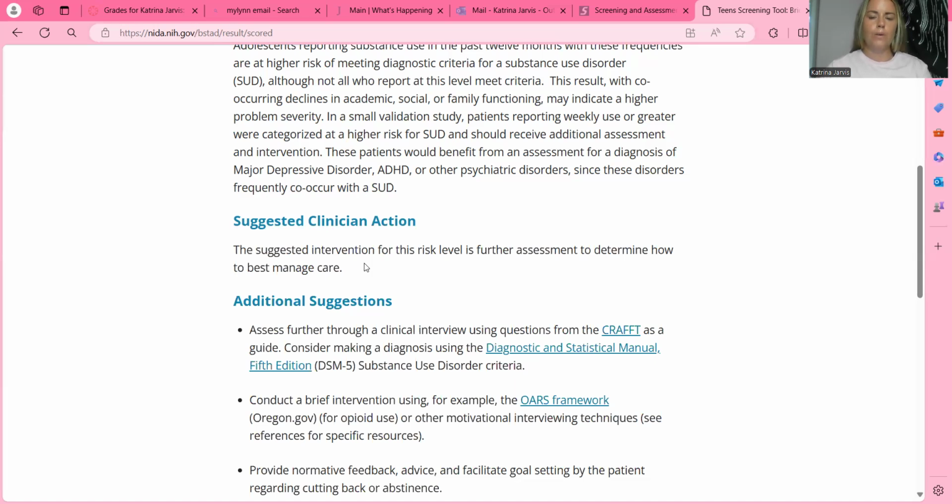Maybe they need to go through an additional assessment. Maybe it's up to the counselor to make a Diagnostic and Statistical Manual, DSM, substance use disorder criteria diagnosis.